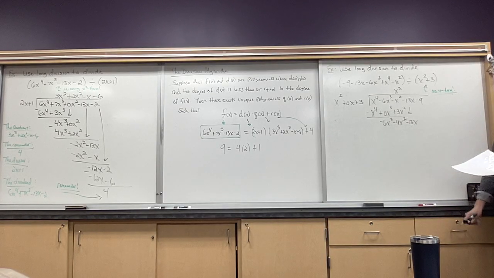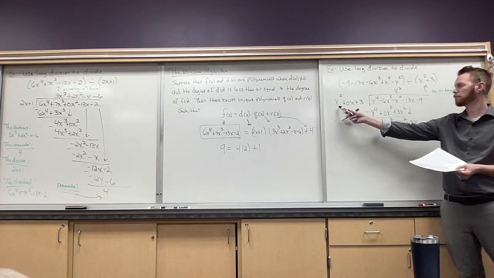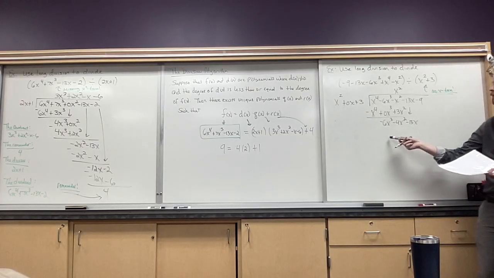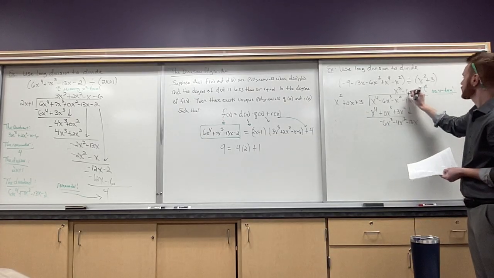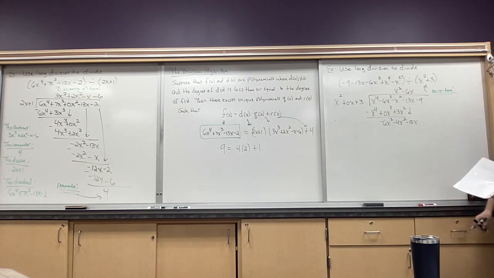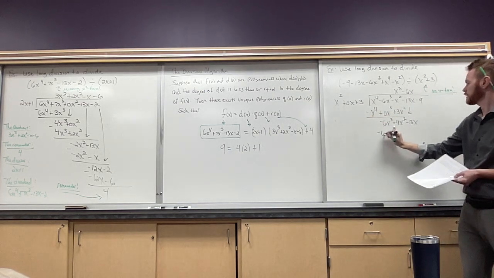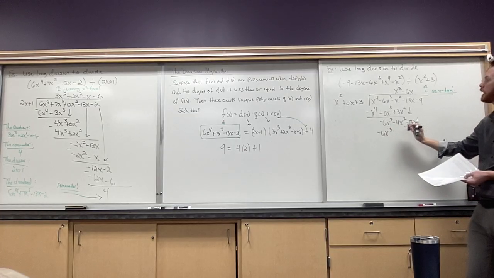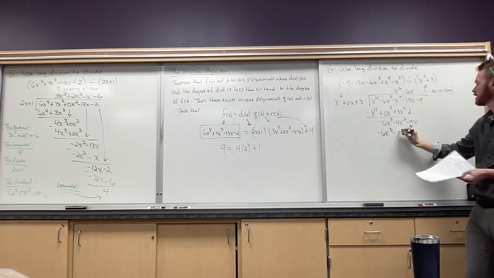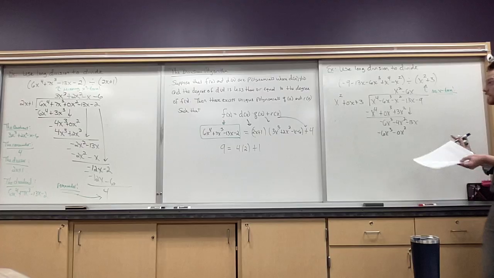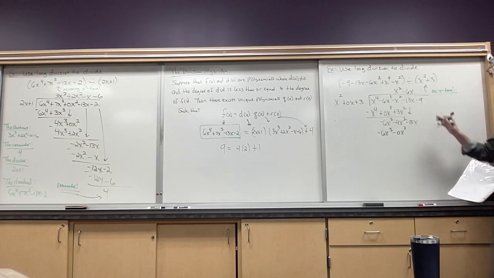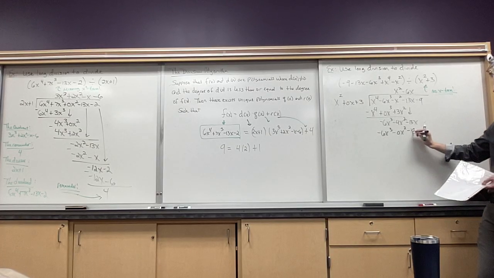Again, I want to multiply this by some number to give me a negative 6x cubed underneath it. So that's going to be a minus 6x. That's what will do it for me. So negative 6x times all three of these. So negative 6x cubed, minus, well, maybe a 0x squared. Again, that's okay. It's just good to have a placeholder. And then the last one's going to be minus 18x.